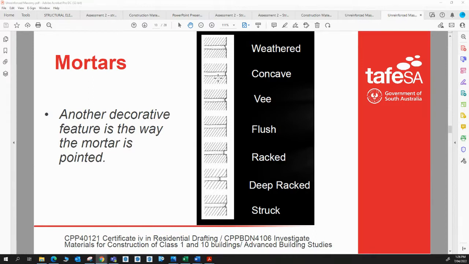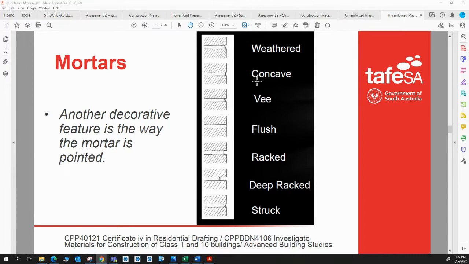And the pointing of the brickwork serves both an aesthetic function, but also a structural function, in that when you clean up that mortar, you're compressing the surface a little bit, and you're bringing some of that water out of the mortar mix, and bringing some of the cements to the surface and giving a harder edge to that surface. So it is also slightly a structural practice as well.